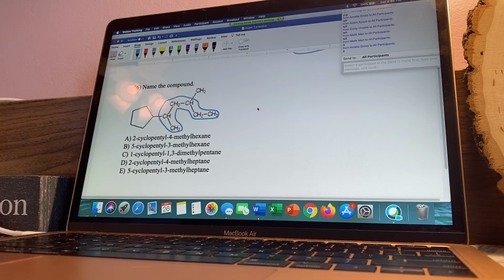And so it's going to be better to number this way because we can get 2 on this, rather than if we went this way, we would only get 3 as our lowest number. So this would not work. And so you would just guess 2 cyclopentyl, 4 methyl hexane, because hexane means 6, right? All good?